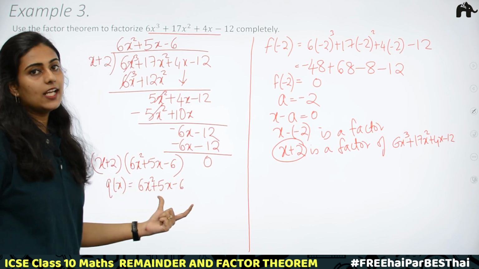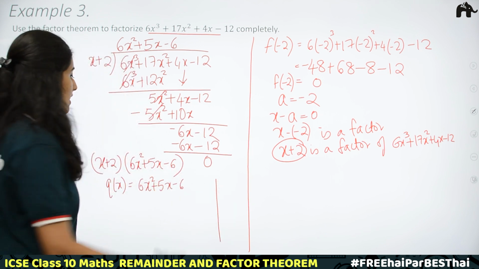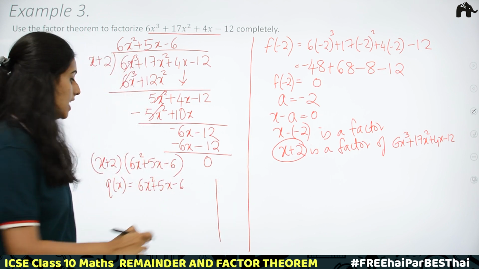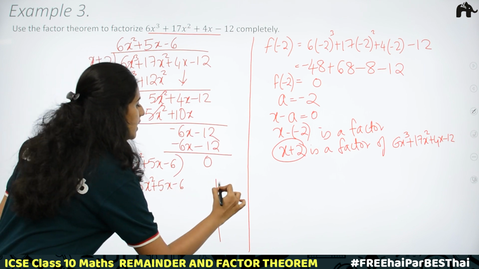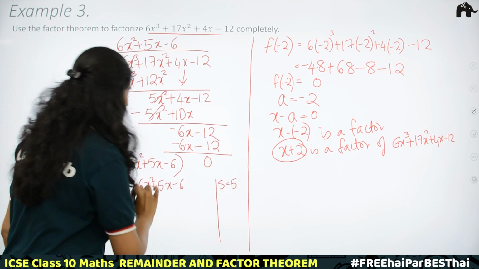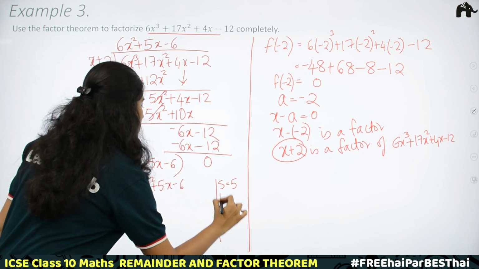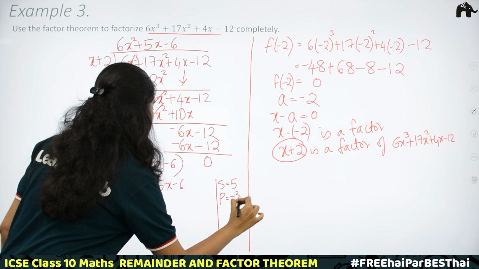From this again we can get two factors, right? Here to factorize this, we need two numbers such that the sum will be equal to 5 and product will be equal to a into c. We have studied this in detail in quadratic equations. Product should be equal to minus 36.